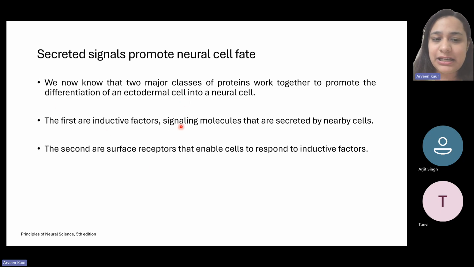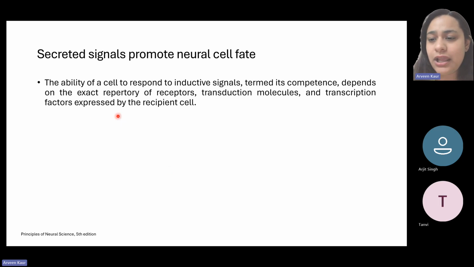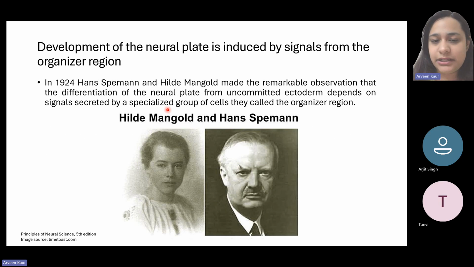Either it could be an inductive factor, or the second could be the surface receptors which receive that factor and then act upon it, right? So that is what we thought, that there is something that is going to induce neural development or neural cell formation, right?